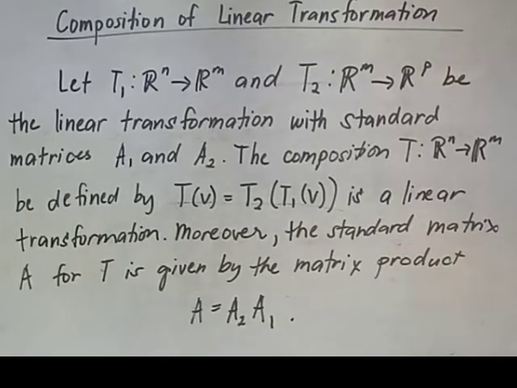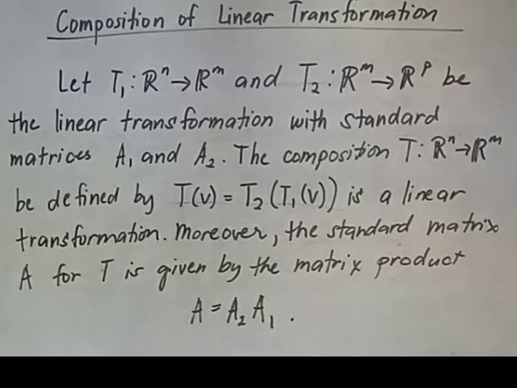Now let's get into the composition of linear transformations. Let the transformations T sub 1 from Rn to Rm and T sub 2 from Rm to Rp be linear transformations with standard matrices A sub 1 and A sub 2.